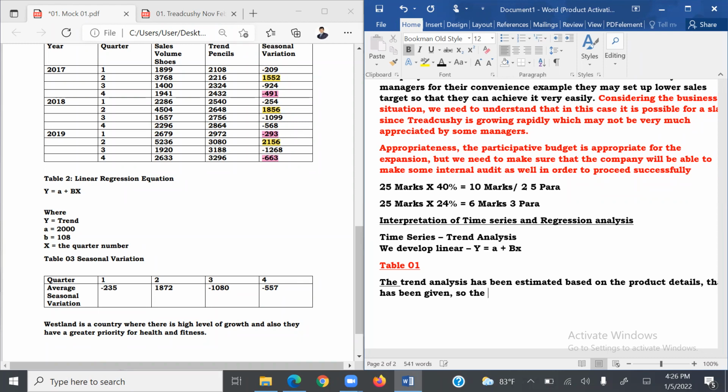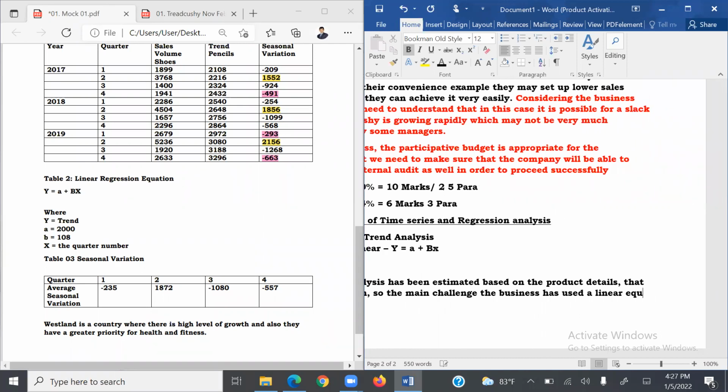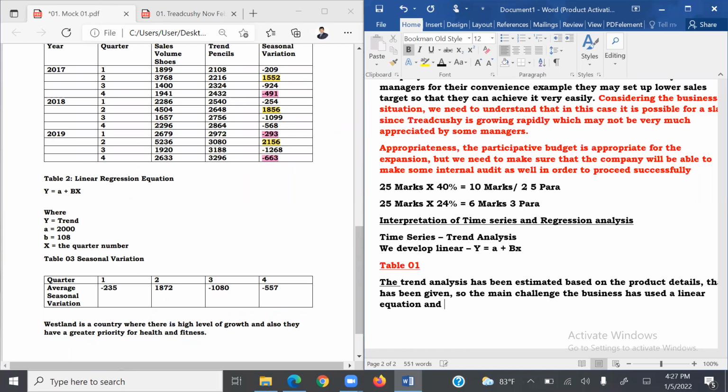So the main challenge is the business has used a linear equation, and it is going on an addition mode, that is additive.